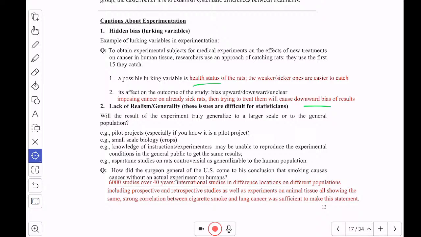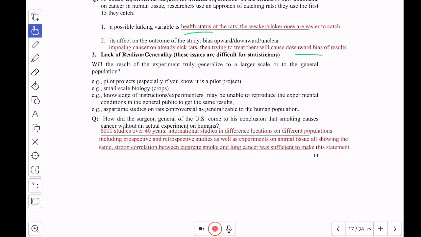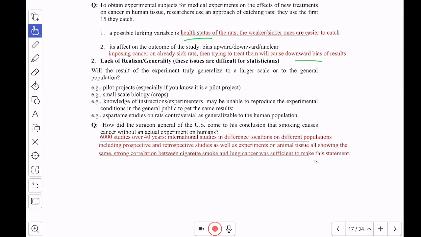Okay, so after all said and done, watching the video, you saw the importance of observational studies to inform experiments, that experiments are actually done.